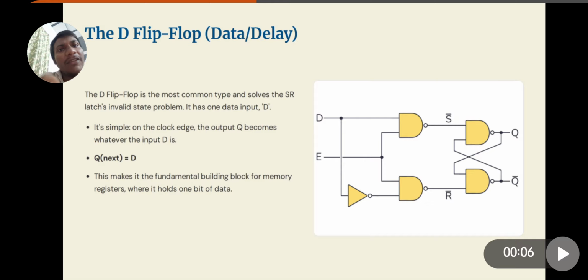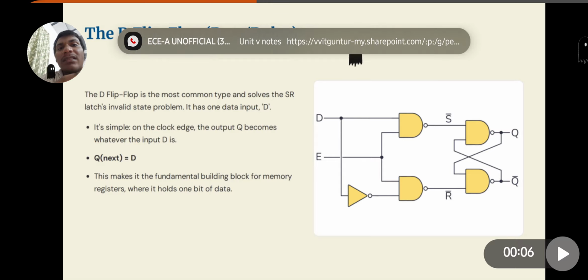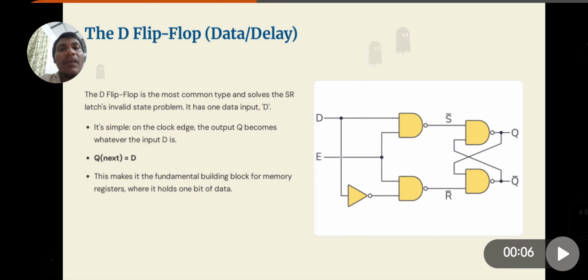The D flip flop solves that problem. On the clock edge, output Q becomes whatever the input D is. Q next equals D. This makes it a fundamental building block for memory registers, where it holds a bit of data.